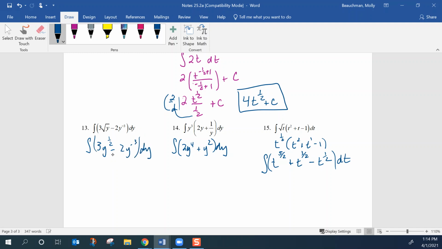So let's follow through on the first one, number 13. Take the integral. We would have 3y to the 1 half plus 1 over 1 half plus 1 minus 2y to the negative 3 plus 1 over negative 3 plus 1 plus the arbitrary constant.